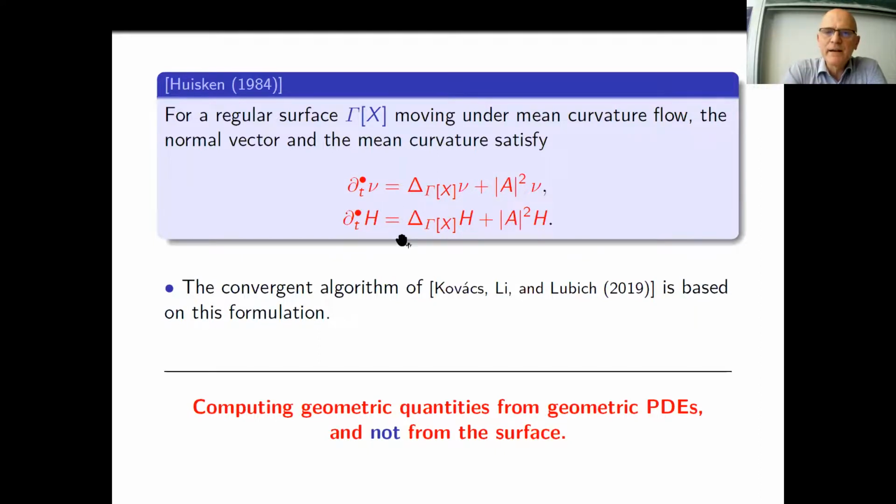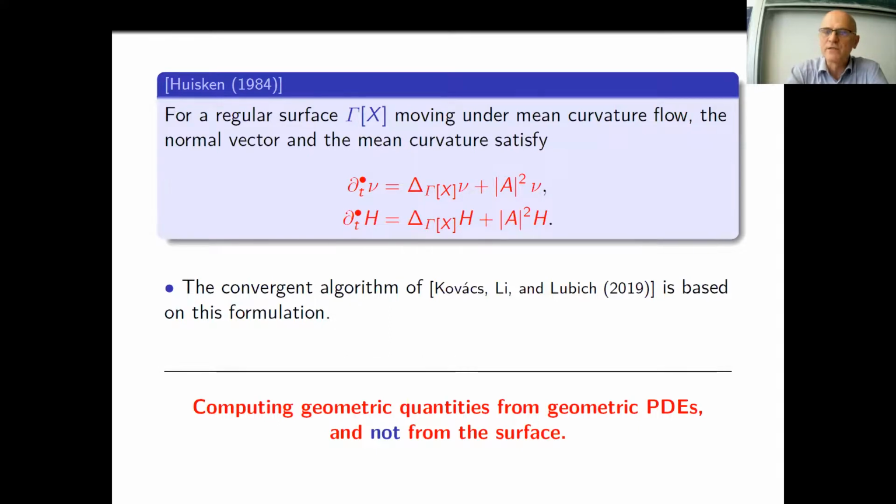Now they used evolution equations for the normal and the mean curvature to compute the geometry. So what you have to do always, you move your surface with mean curvature in the normal direction. And when you want to do this, it's enough to know the normal and the mean curvature. So the idea here was you compute the normal, the mean curvature, and then you move your surface with h times nu.